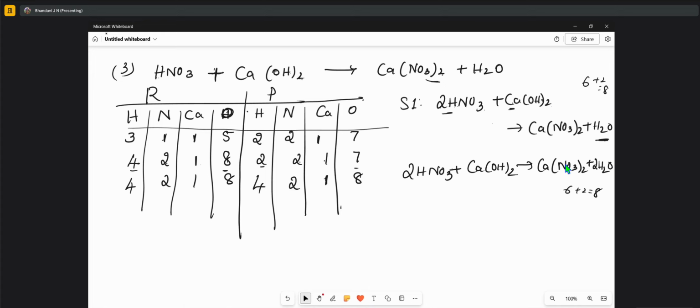Whenever you want to increase, you have to increase the whole molecule itself, that is 2 times HNO3. Then there will be changes in hydrogen and oxygen also, so write what you will get and try to balance it. Done.